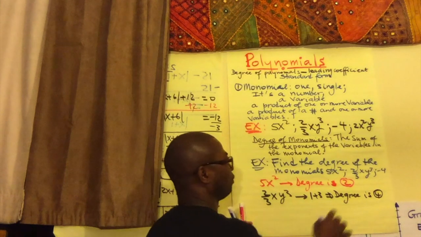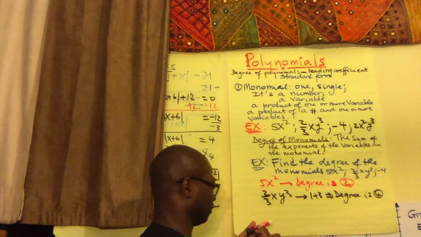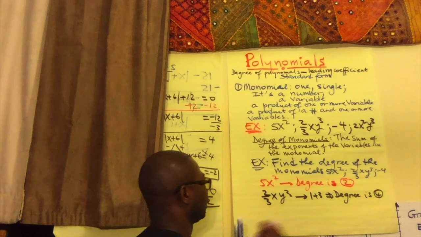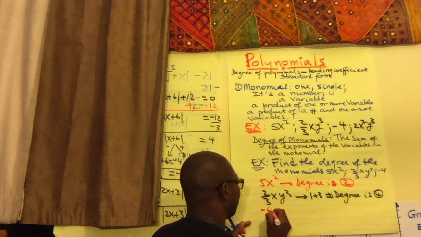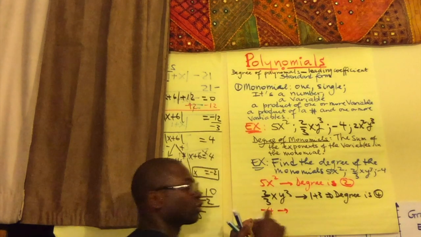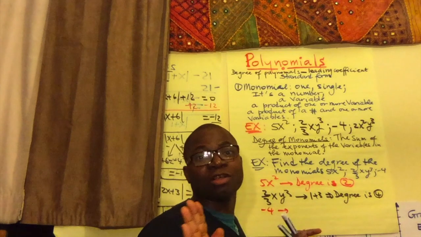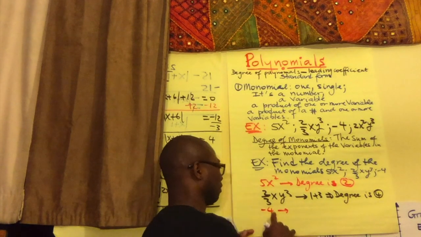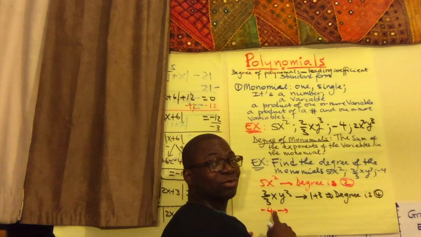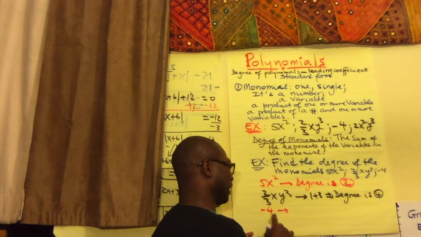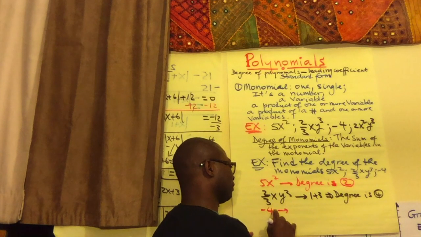If I take this one, negative 4, negative 4 has no variable. If it's just a constant, then the degree basically is 0. Because let's say we have negative 4 times x to the power of 0.